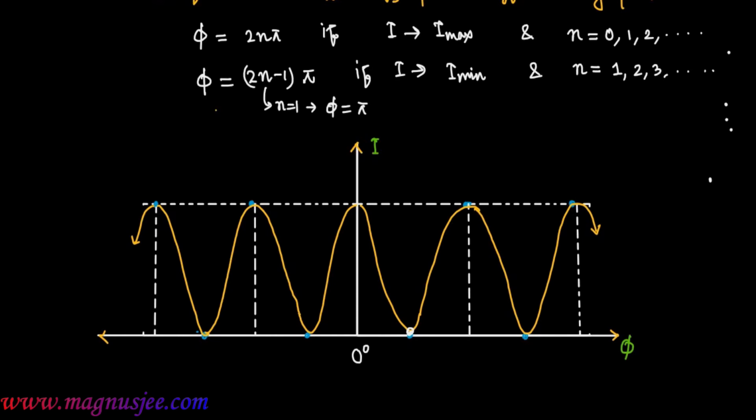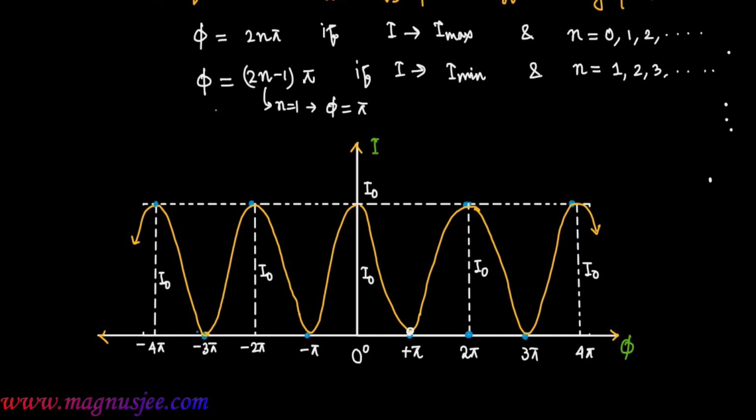For destructive interference, when we assume n equal to 1, the phase difference phi will be pi, and I0 is the maximum intensity of the resultant wave in the interference pattern. Intensity will be maximum at phase difference 0 degree, 2 pi, 4 pi, and so on. And intensity becomes minimum at phase difference pi, 3 pi, and so on.